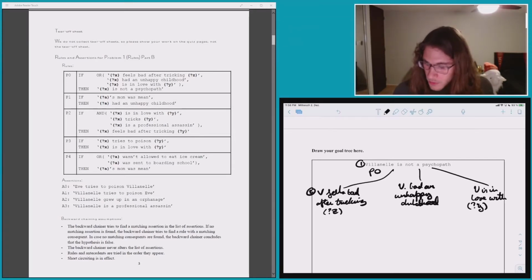So P0, and then the other reason that I'm skipping it is this node matches with the consequent X feels bad after tricking Y. So I can expand here, P2.